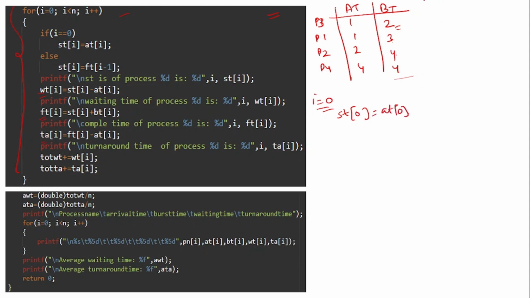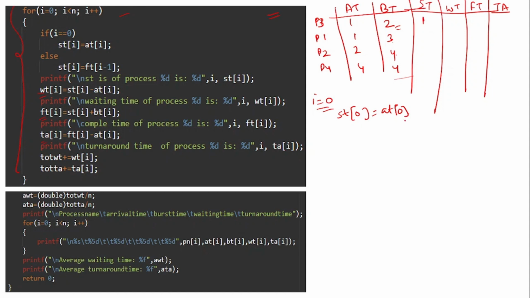That is the start time. I have multiple things: the start time, the waiting time, the finish time, and finally the turnaround time also. So these are some values which I have with me. So you see the st of 0, that is the start time of 0, is equal to its arrival time only, which is 1.